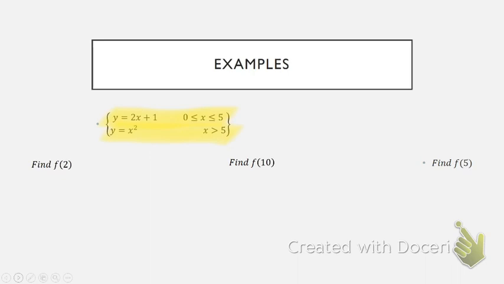If the x values are between 0 and 5, my function is y equals 2x plus 1. However, if my x values are bigger than 5, I'm going to use the function y equals x squared. So what part of the graph you're looking at will depend on what the function looks like.